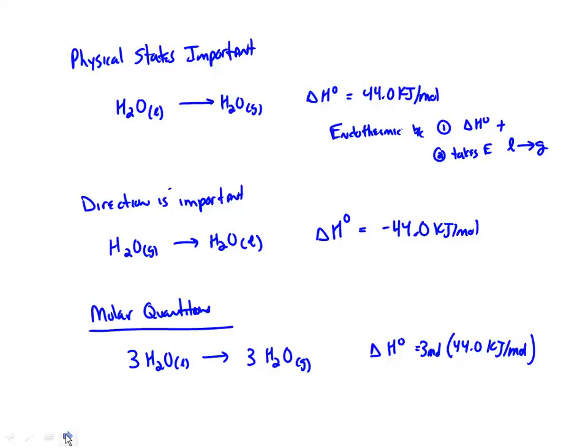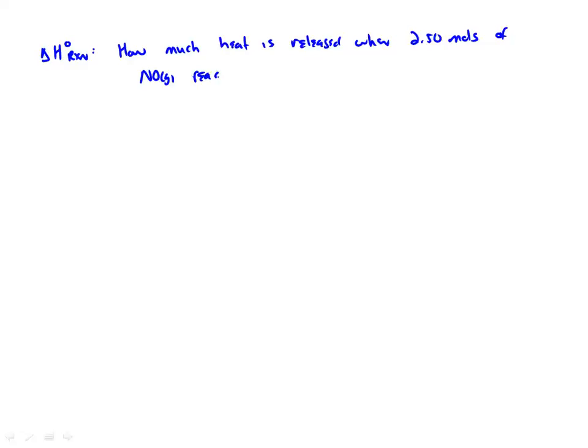So let's look at an example. I think we did a similar example yesterday, but I don't remember, so we'll just redo something similar. I think this example is actually simpler. How much heat is released when 2.50 moles of NO gas react?